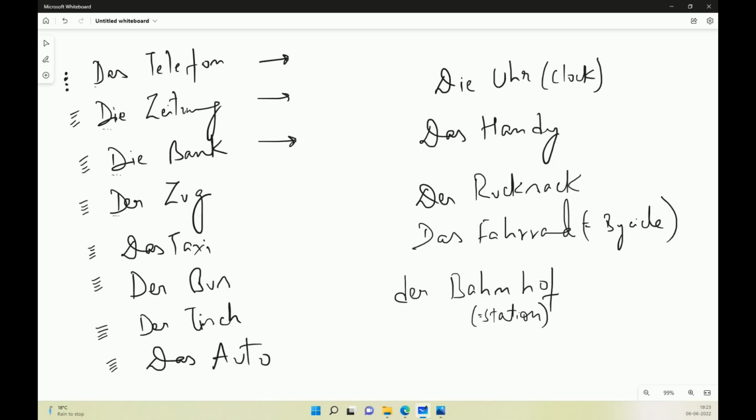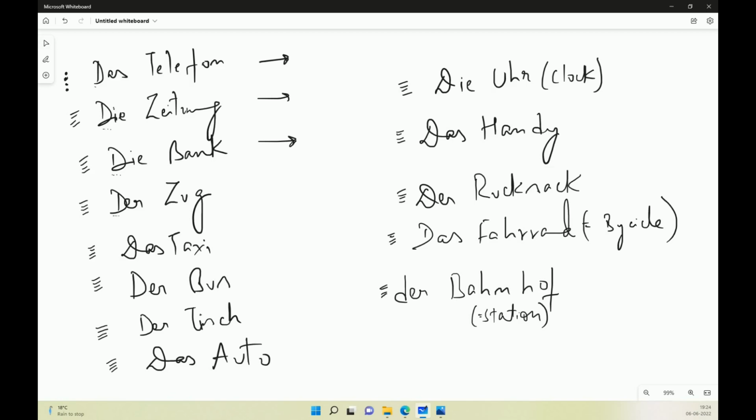Perfect. Die Uhr. Das Handy. Der Rucksack. Das Fahrrad. Der Bahnhof.